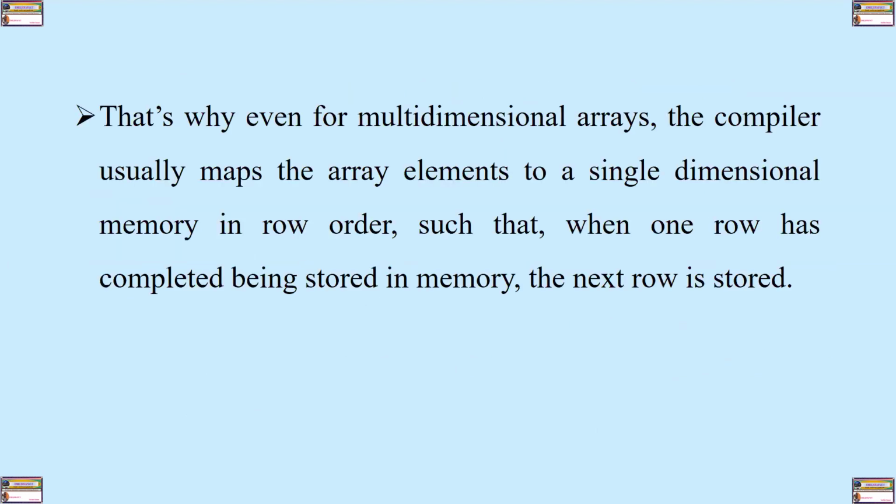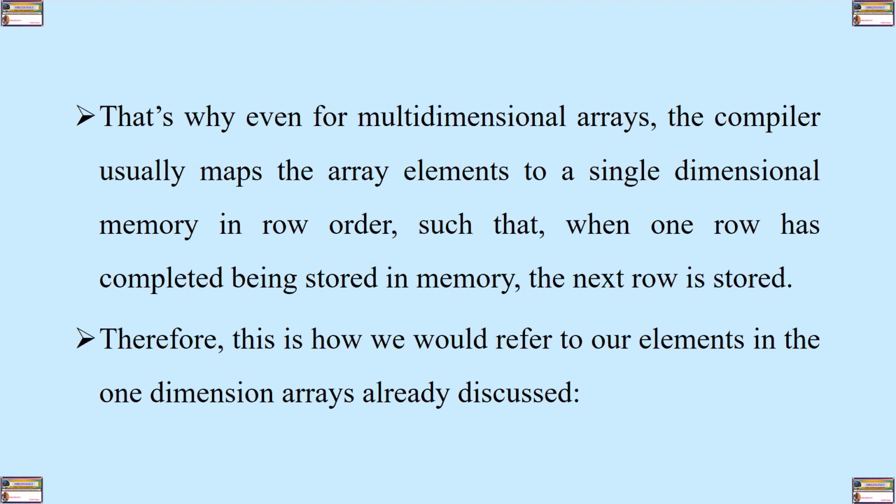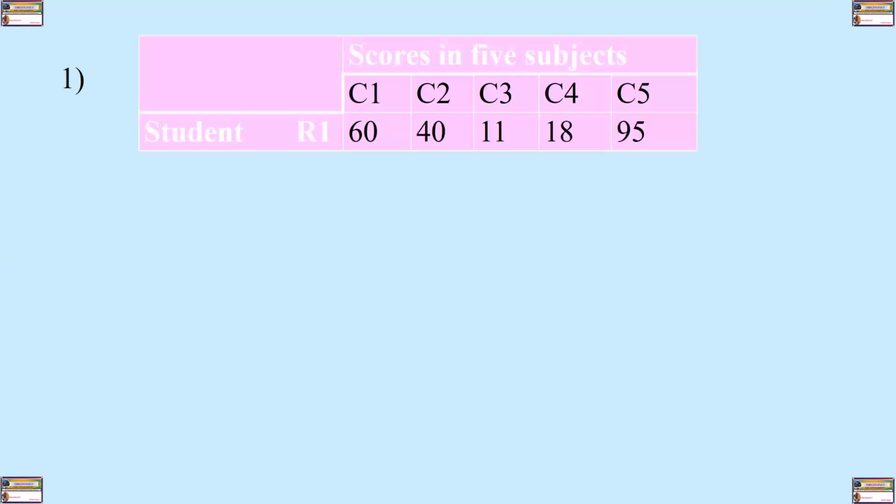That's why even for multidimensional arrays, the compiler usually maps the array elements to single-dimensional memory in row order, such that when one row has completed being stored in memory, the next row is stored. Therefore, this is how we would refer to our elements in the one-dimensional array that we have already discussed.